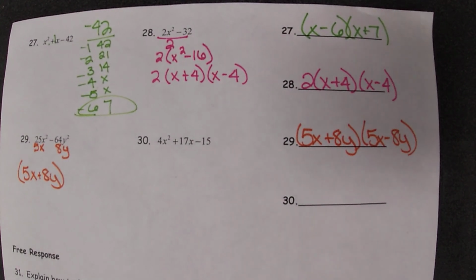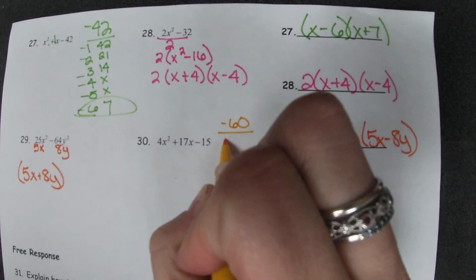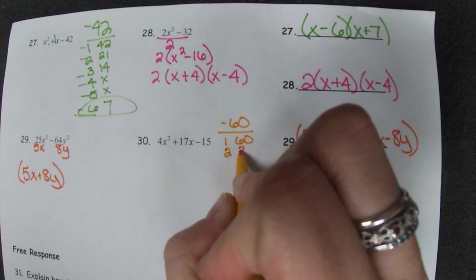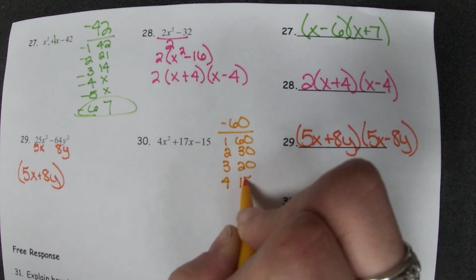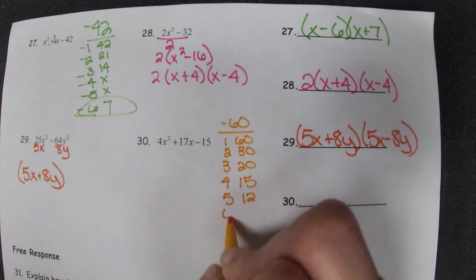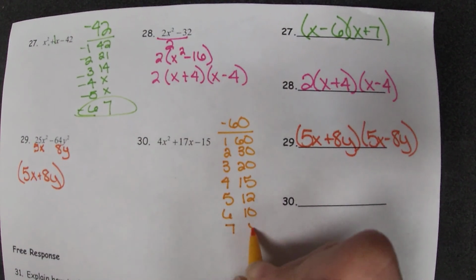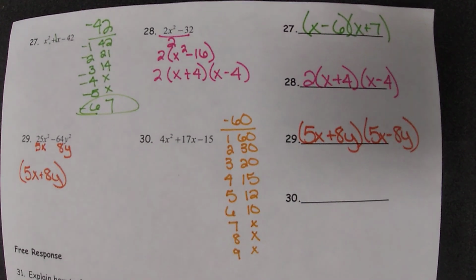Number 30, is there a GCF? The answer to that question is no. So 4 times negative 15 is negative 60. Make our list. Seven and nothing. 10's already up there.